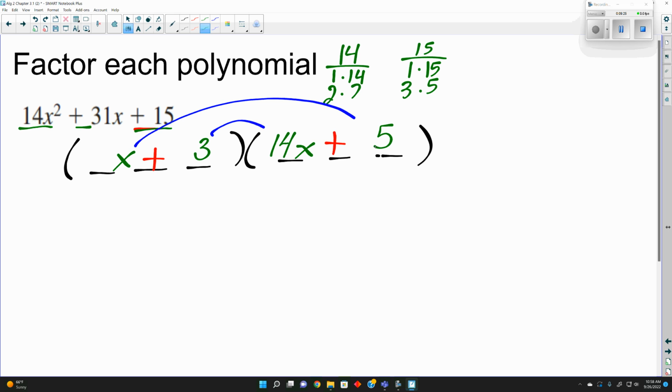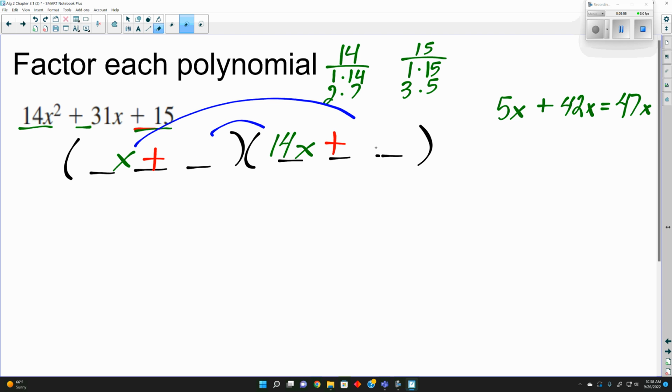So if we check this here, x times 5 is 5x, 3 times 14x is 42x. 5x plus 42x is 47x. Are those the correct factors? Okay, well we can switch to 3 and 5.